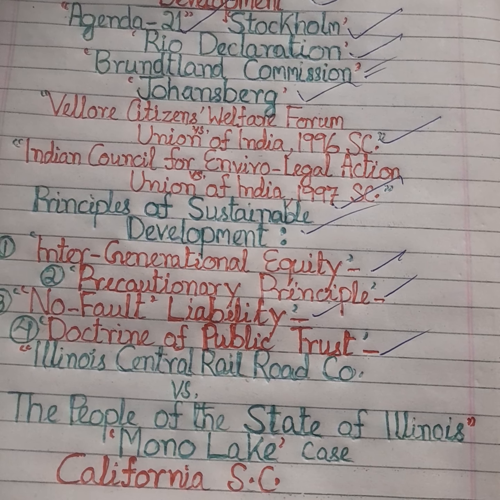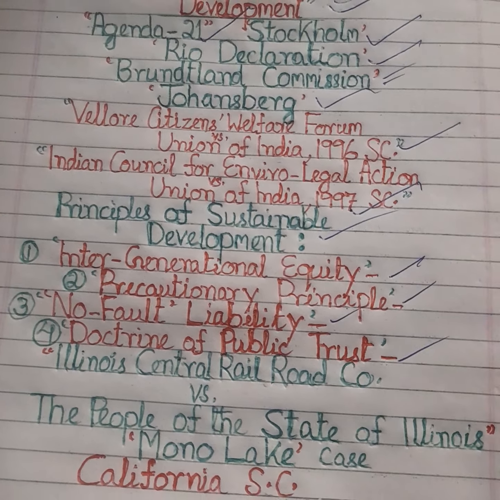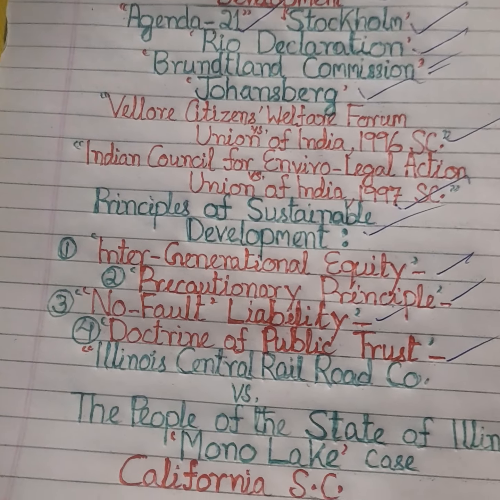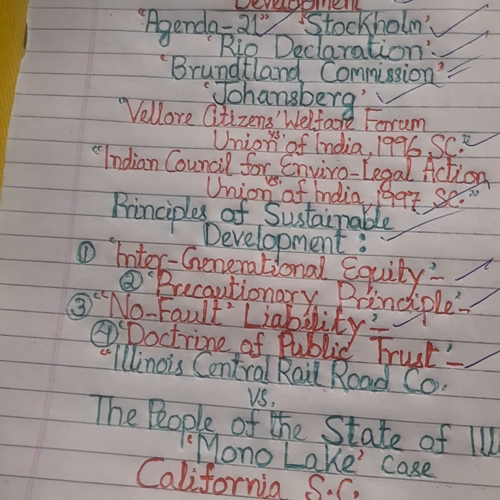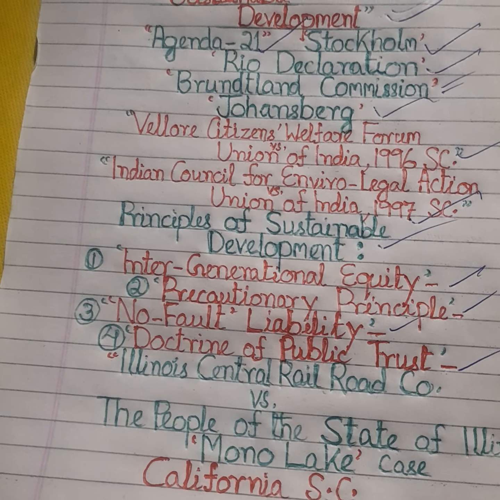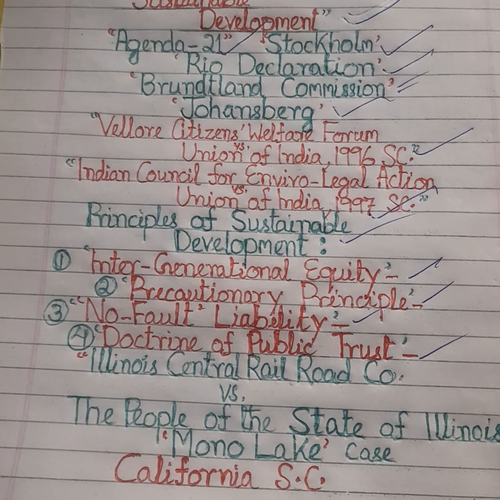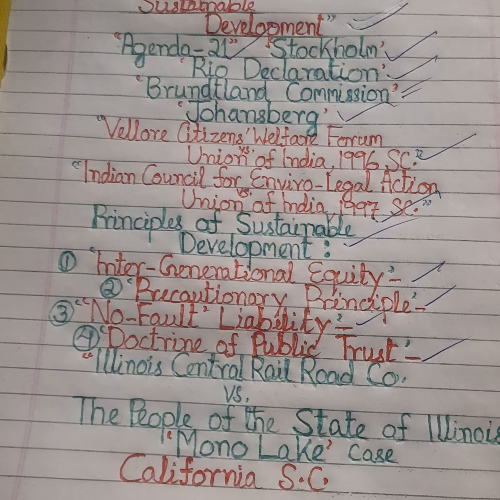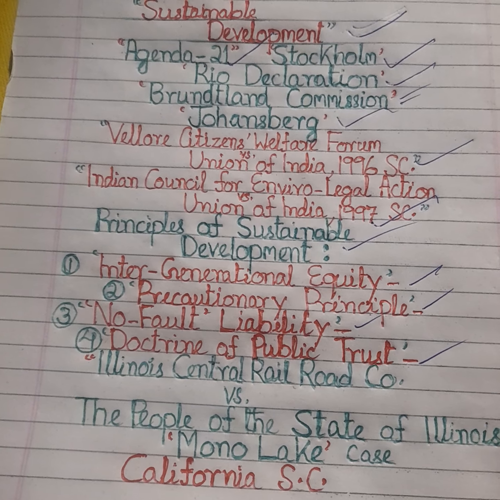generations. So the natural resources like air, water, land, flora, and fauna must be safeguarded for the benefit of the present and future generations through careful planning and management.